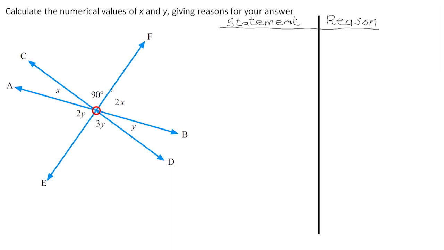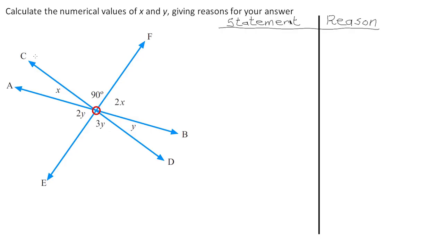That's the first theorem. The second theorem is, if we consider line EF, and you look on that side, 2y plus x plus 90 are all adjacent angles. And they are adjacent supplementary because those three angles will add up to 180 degrees. You can also consider CD exactly the same, as well as AB.